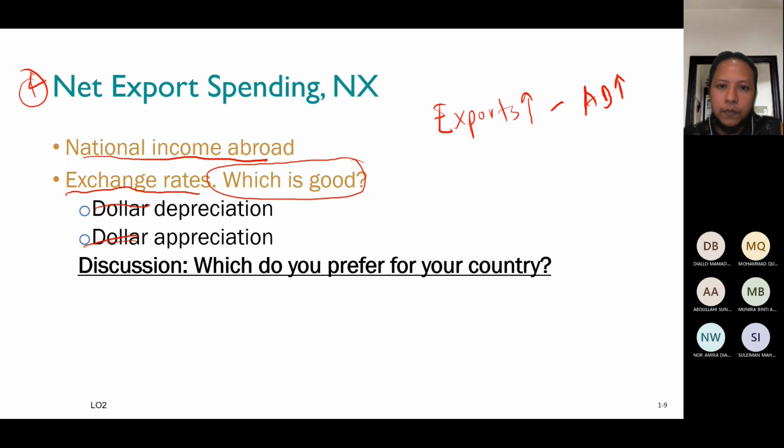Any questions before I move to the next part? Okay, the next part. Doctor, are aggregate demand and GDP the same thing? Yes, it is interchangeable. You can argue that, in this case, AD is GDP.